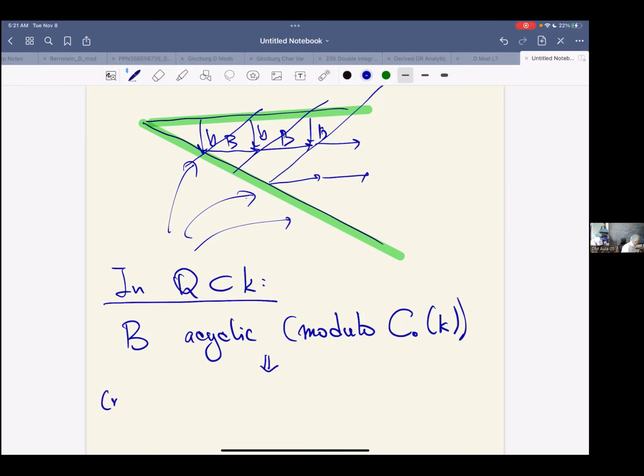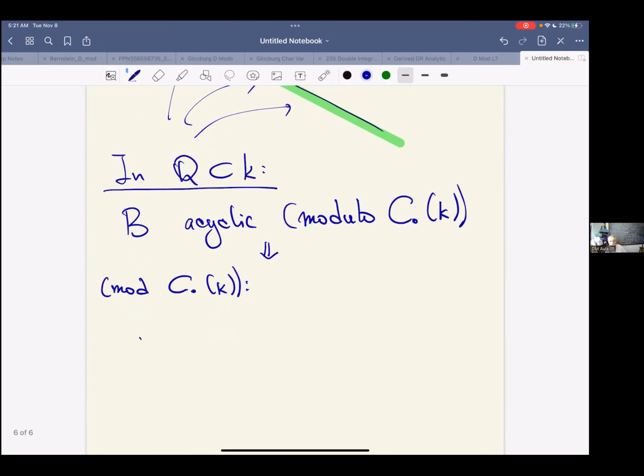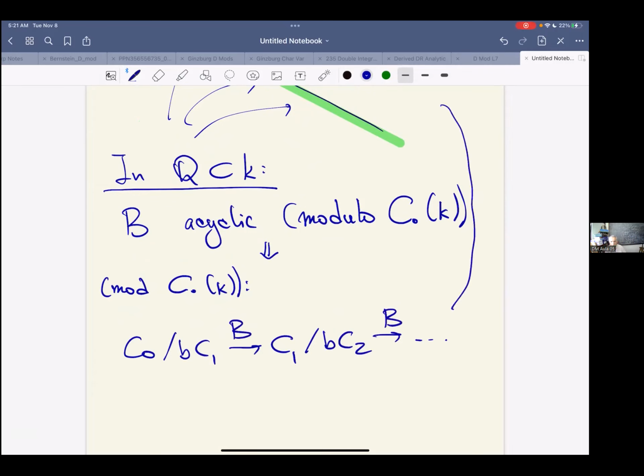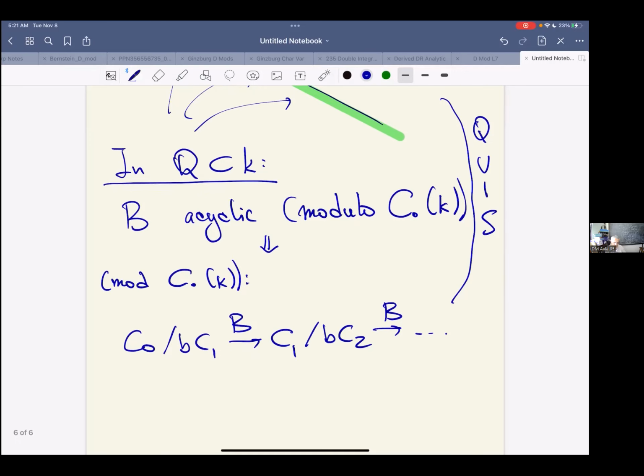So again, modulo scalars, the reduced thing is just isomorphic to this complex.